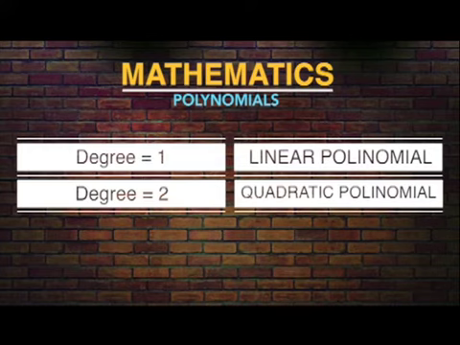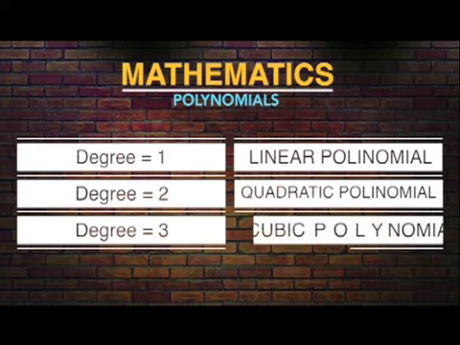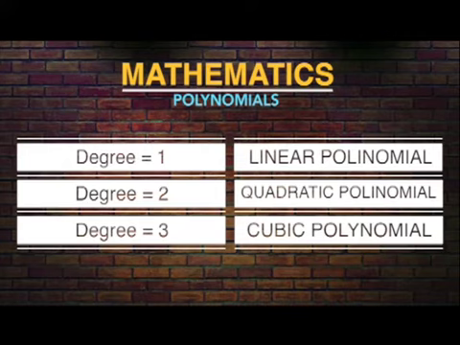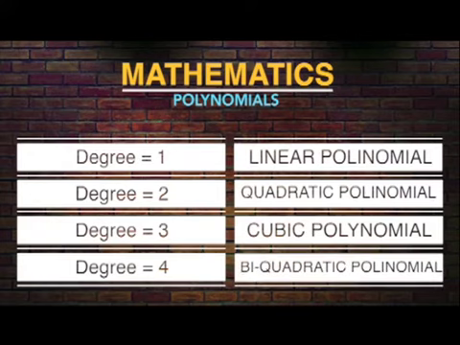Third one, if the degree of the given polynomial is 3, then that polynomial is considered a cubic polynomial. And if the polynomial has degree 4, that is the highest power is 4, that polynomial is called a biquadratic polynomial.